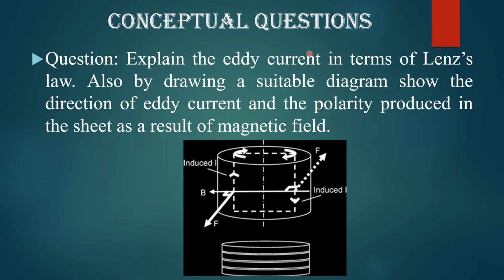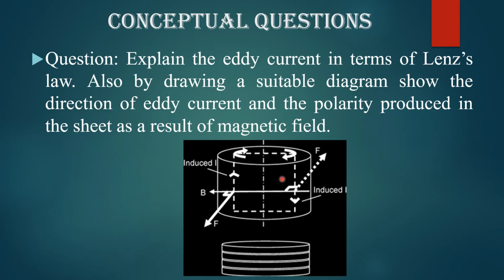Question: Explain the eddy current in terms of Lenz's law. Also, by drawing a suitable diagram, show the direction of eddy current and the polarity produced in the sheet as a result of the magnetic field. Suppose a cylinder is rotating in a magnetic field. Due to its rotation there will be a change in magnetic flux through this cylinder, and due to this change there will be an induced current through the cylinder.